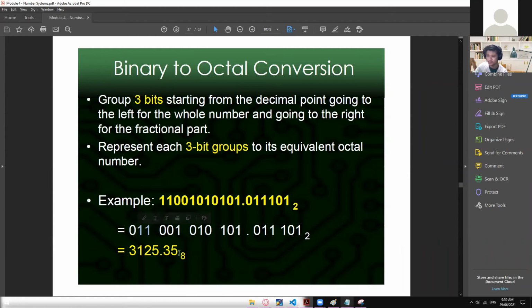Then wherever the decimal point is, just place it there. So you'll get a result of 3125.35 base 8. So clear? Okay, very good.